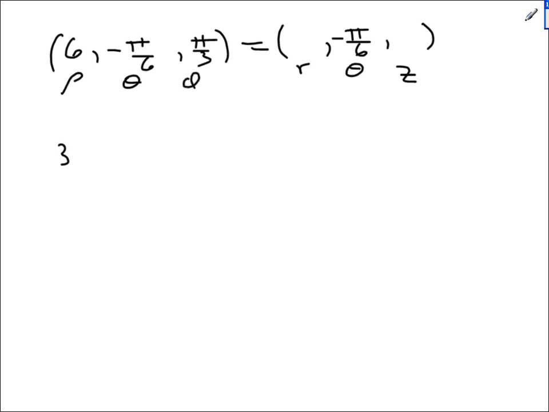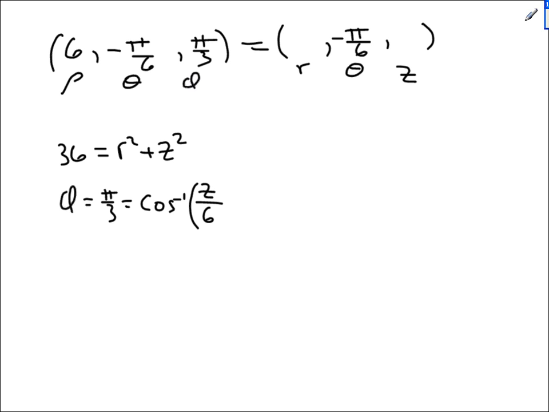Rho squared, 6 squared, is equal to r squared plus z squared. Phi, which is pi over 3, is equal to the cosine inverse of z over rho, which is 6. But that means the cosine of pi over 3 is z over 6.